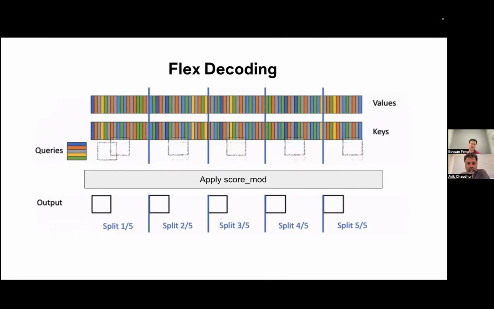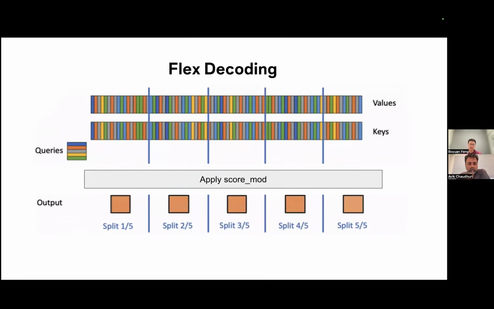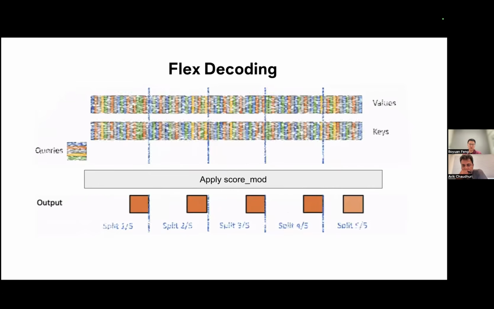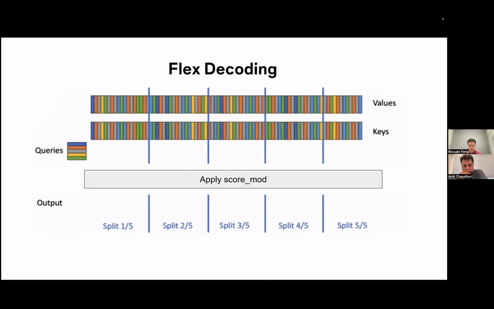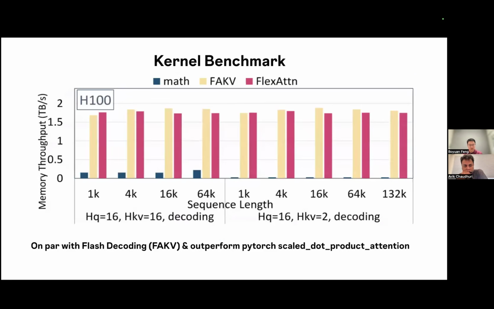Yeah, so that's flash decoding. We have flex decoding using the same optimization, but we still allow applying the score mod for flexibility. A little bit on the benchmark: we compare with FAKV, which is flash decoding. We can see FlexAttention and flash decoding have similar performance.